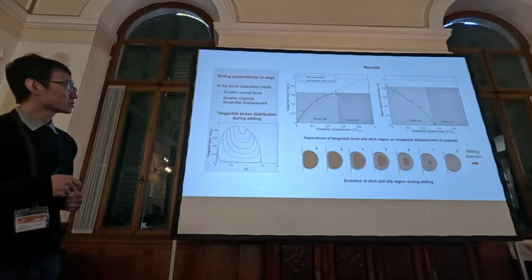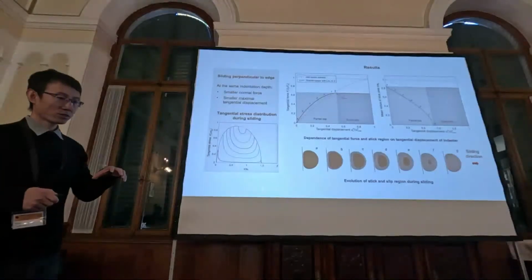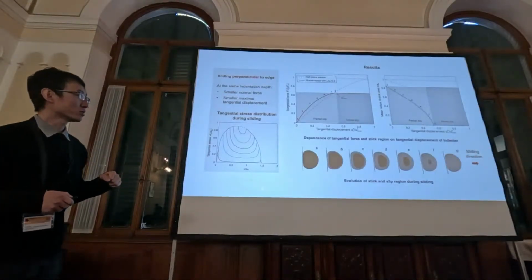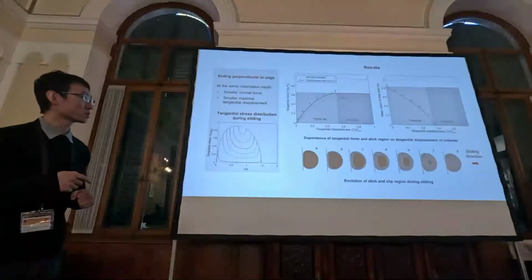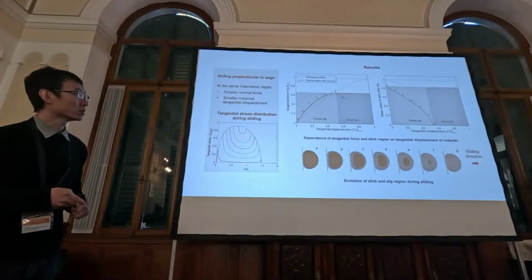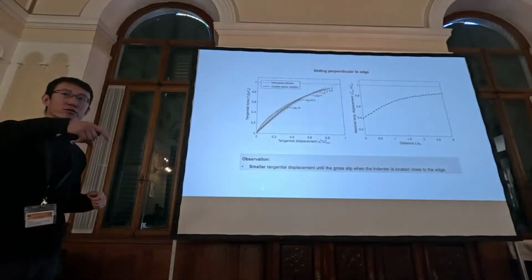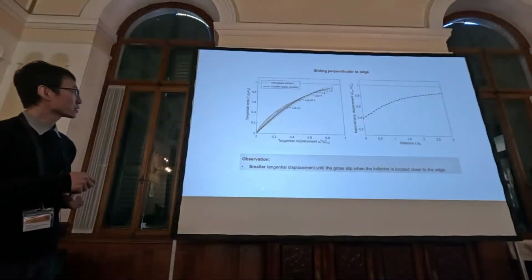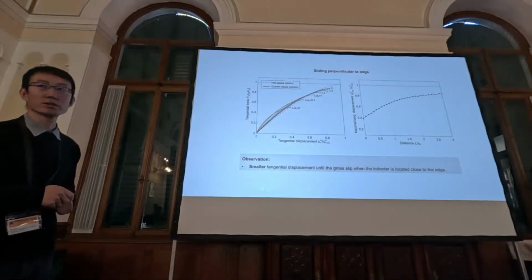In this simulation, we give a constant indentation depth. So the normal force in this case is also smaller compared with the half space case. And if we put the indenter at different locations on the top surface, then we get these different curves of dependence of the tangential force on the tangential displacement.